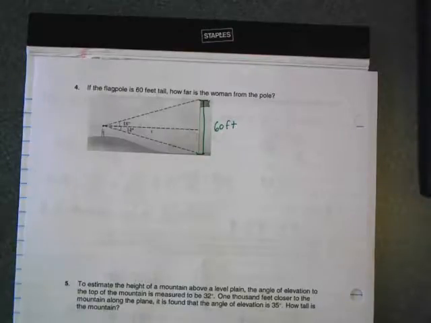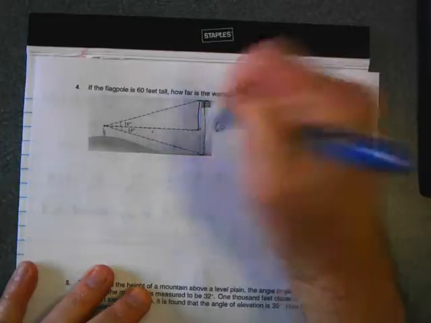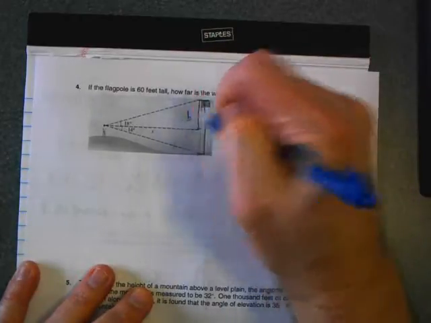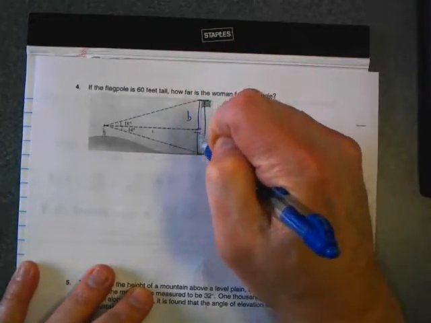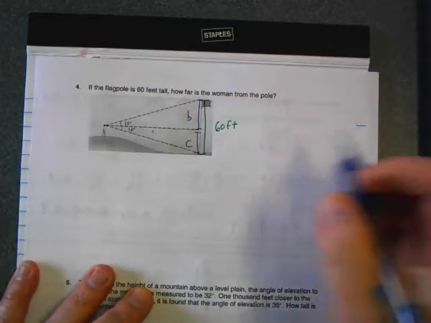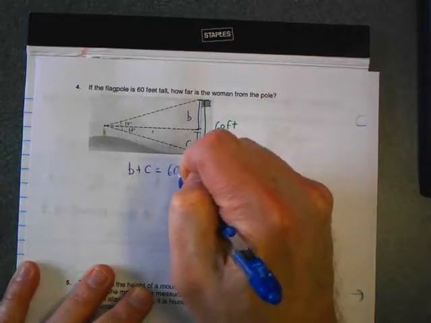You do two separate ones and you just add them. All right, so we're going to have to do two separate ones. We're going to do this one, and we'll give that a letter. What letter do you want to call that? B. And then we have to find this one, and that one we're going to call C. So we know that B plus C has to be 60.